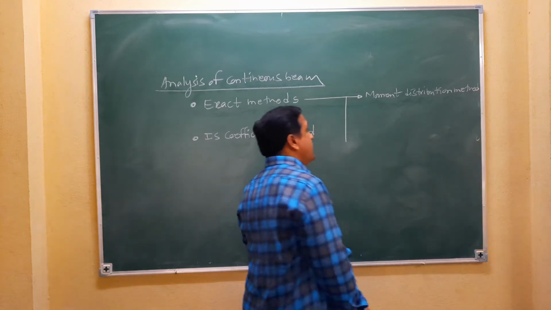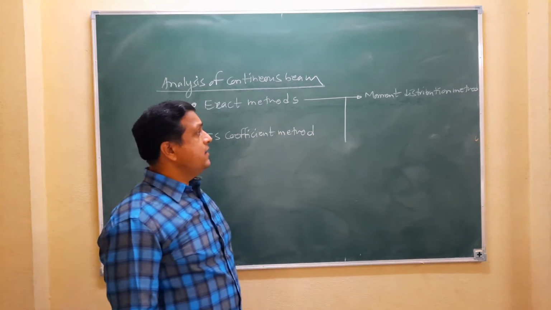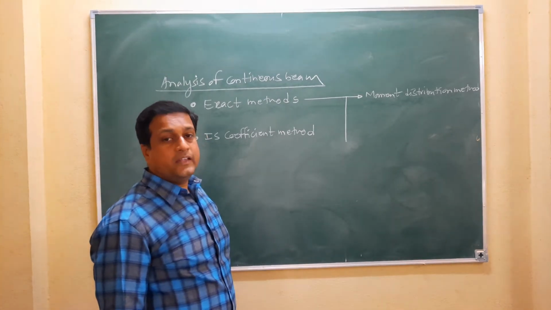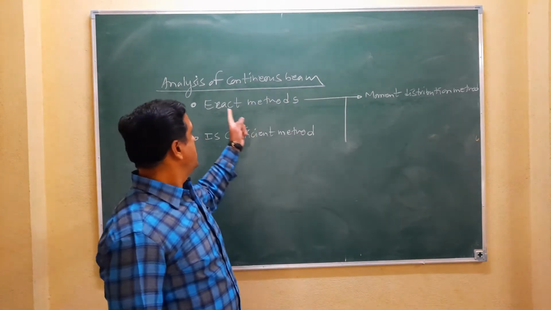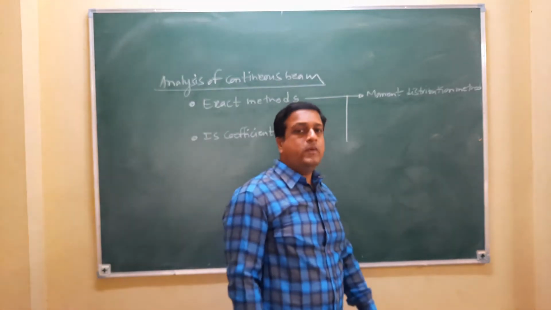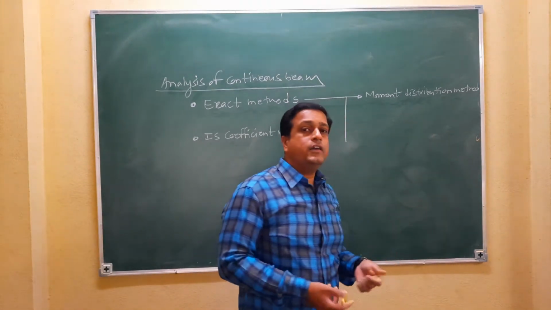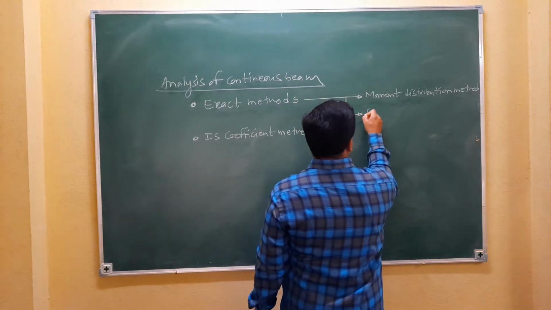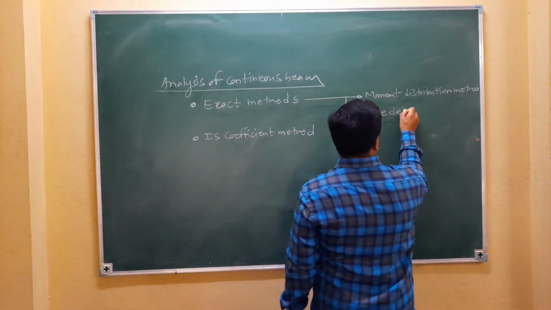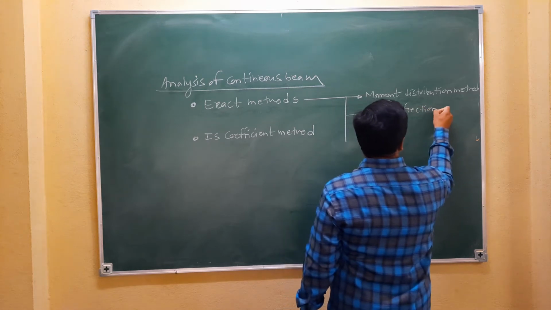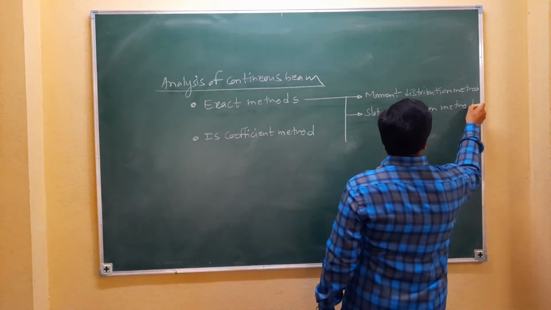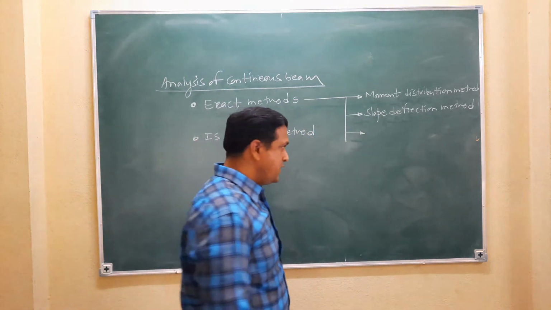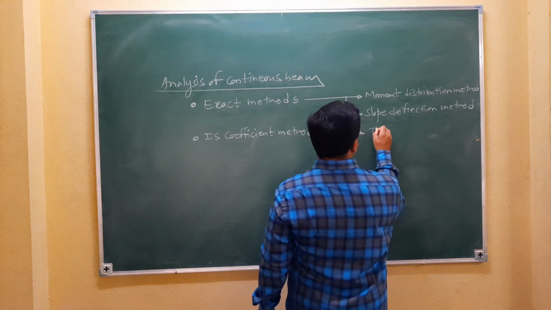Already we learned this method in the previous semester in theory of structures. So the simplest exact method is the moment distribution method. You use this method and analyze the continuous beam. Second one, the slope deflection method. Slope deflection method is one of the simplest methods that you can use to analyze the continuous beam. Third one is the three moment theorem method.